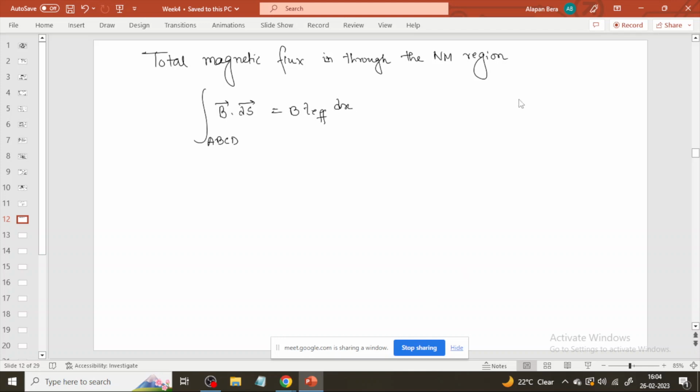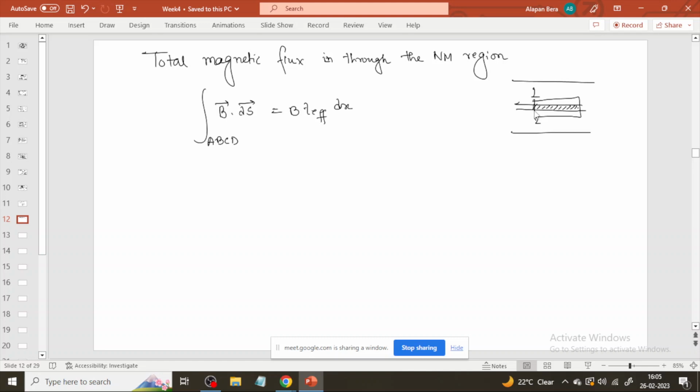Our normal metal region was like this, with superconducting region 1, superconducting region 2, and our path was like this. The part of the normal metal region that is inside this path is given by this region only.